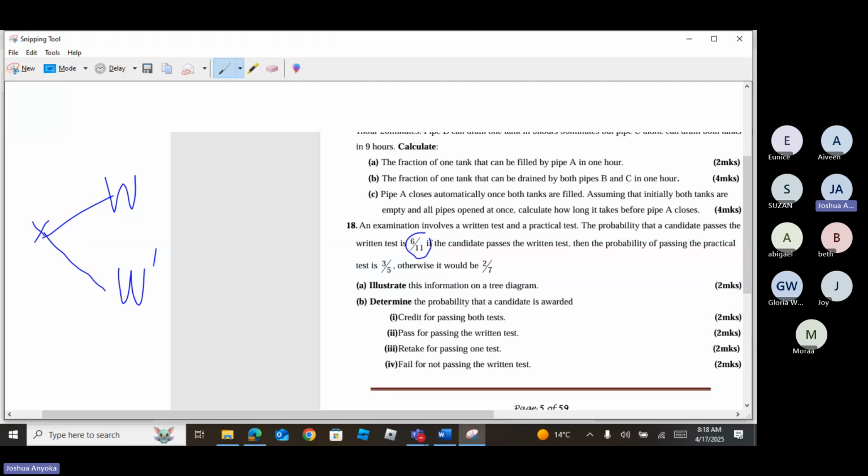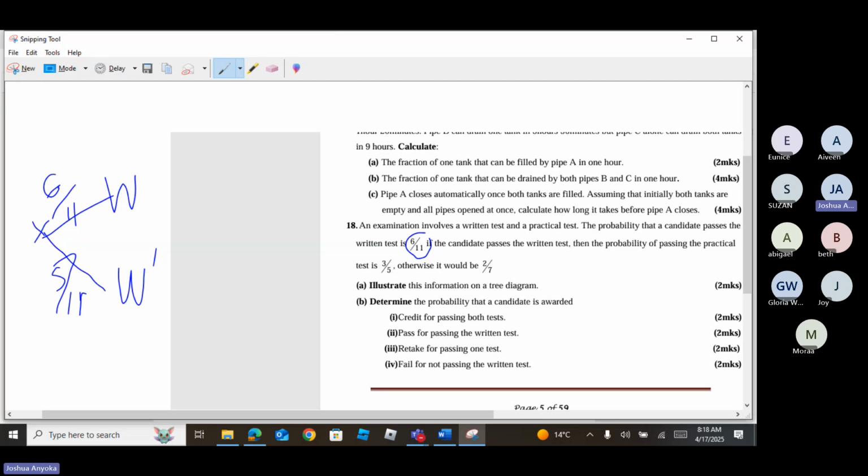There are chances that this candidate is going to pass an exam, which is probability of 6/11, or is going to fail an exam, and the probability of failing, because the range of probability is 0 to 1, is 1 minus 6/11, so 5/11. So the probability that this candidate will fail the written test is 5/11.